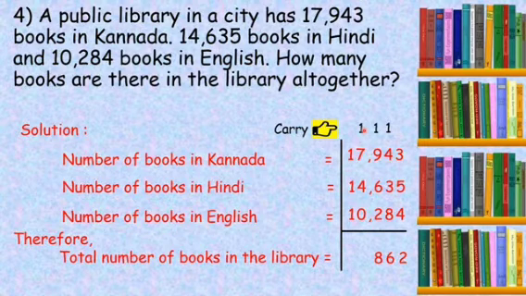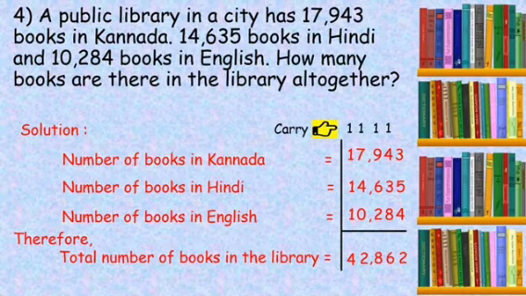Now 7 plus 1 is 8, plus 4 is 12. 2 at the bottom, 1 gets carried over. 1 plus 1 plus 1 plus 1 is 4. So 42,862 books are there in library altogether.